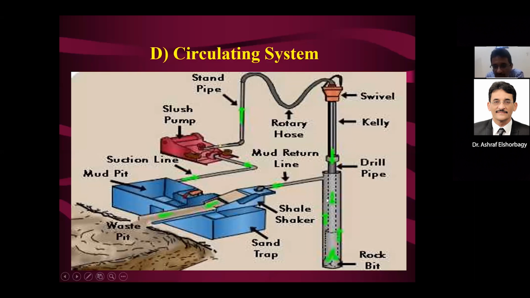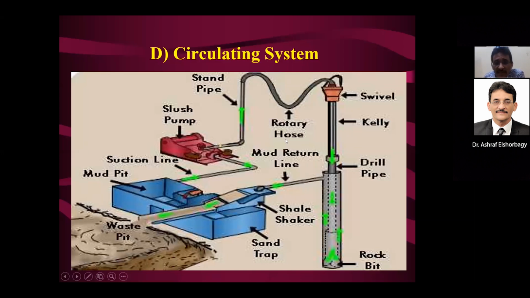The mud moves in the annulus until it comes to the flow line or the return line, and after this it goes to the shale shaker. And this one is the fourth system, which is the circulating system.